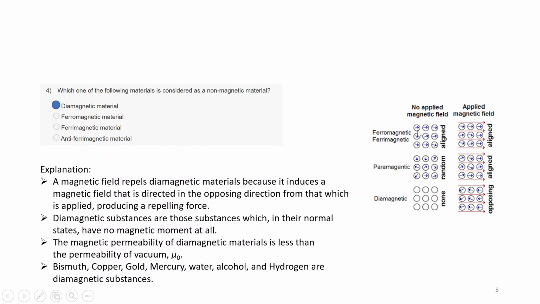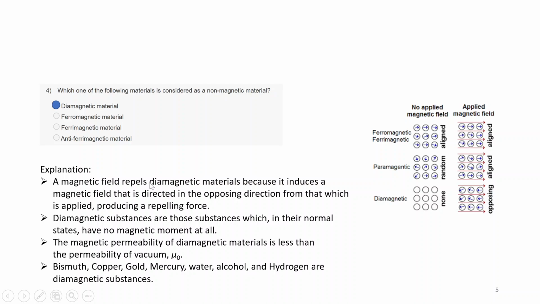In case of ferromagnetic and ferrimagnetic materials, these are already aligned in a particular direction, and if you apply a magnetic field, it will be more strongly aligned, while in case of paramagnetic they are randomly aligned before application of the field.